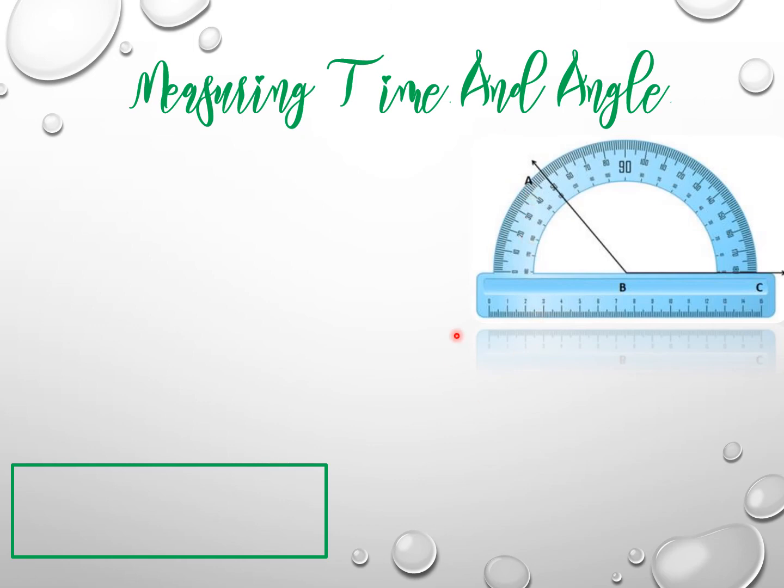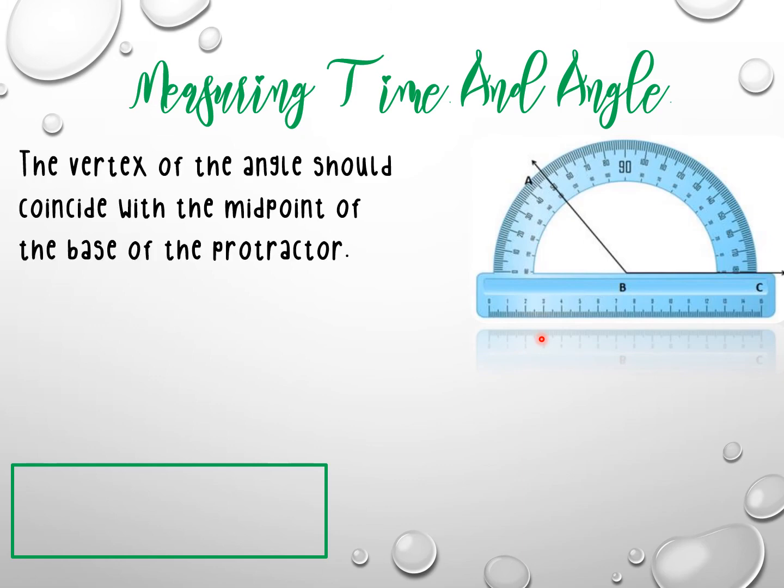To see if you know how to measure an angle, let us use this protractor. As you can see here, we have the rays BA and BC. The vertex of the angle should coincide with the midpoint of the base of the protractor. So, para maayos natin siyang ma-measure, kailangan itong vertex na to, di ba ang vertex dito ay itong B?